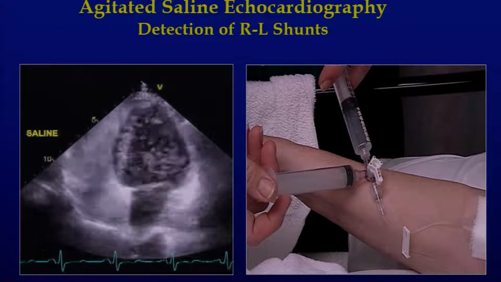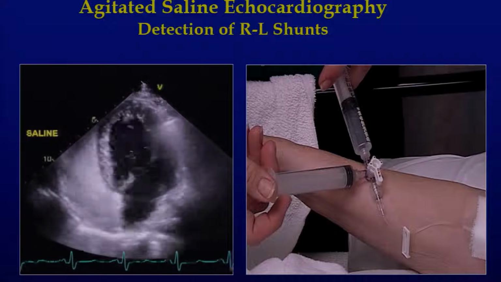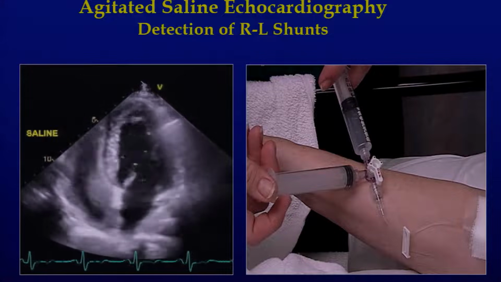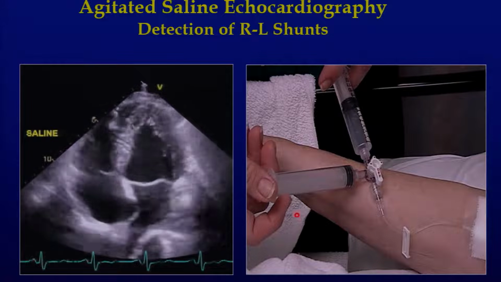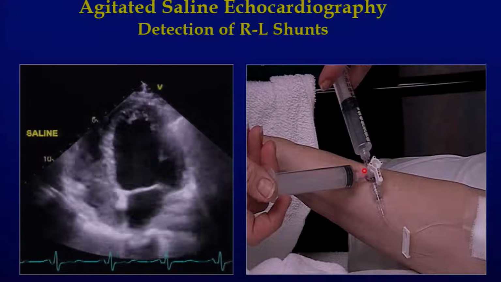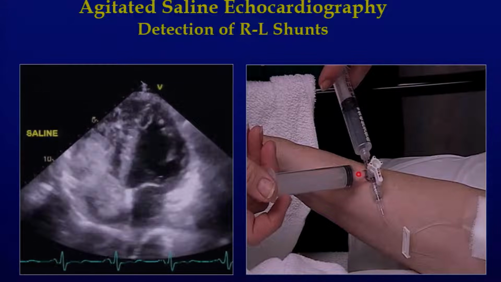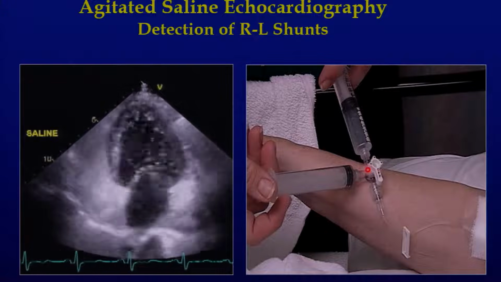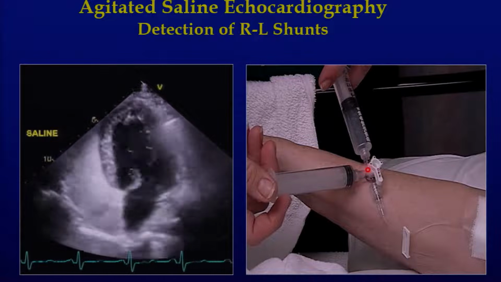It could be just like you see on the right side here: you shake the fluid, which could be just saline itself with a little tiny area of air in the hub of the syringe, back and forth, to create microbubbles.